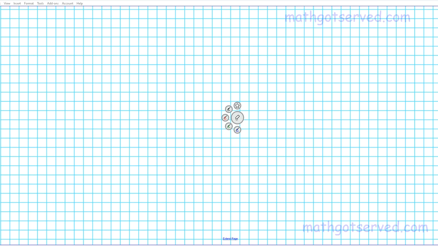All right, so the instructions for the examples that we're working on are for us to express the given angles in degree and radian forms.